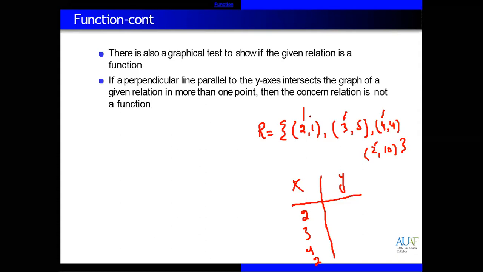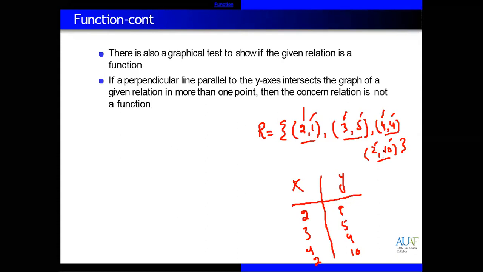Now the y values are 1, 5, 4 and 10. These are actually the relation: the first pair is 2 with 1, then 3 with 5, 4 with 4 and 2 with 10.